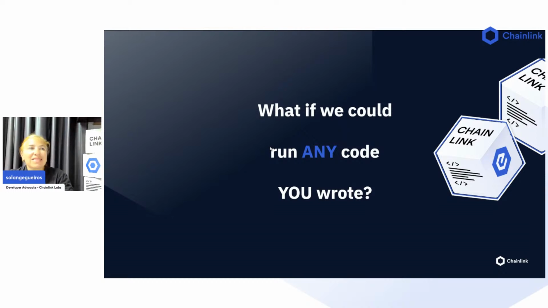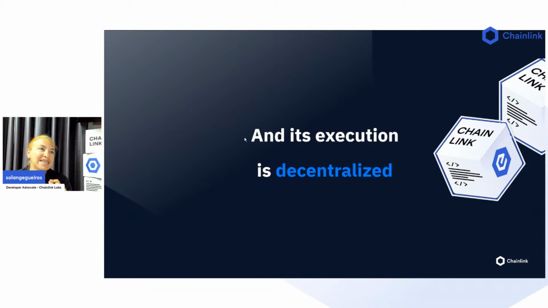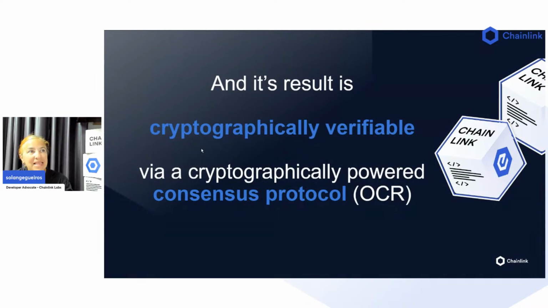Imagine what if you could run any code you wrote and its execution is decentralized. And the result is cryptographically verifiable via the OCR that you are going to learn more about tomorrow.